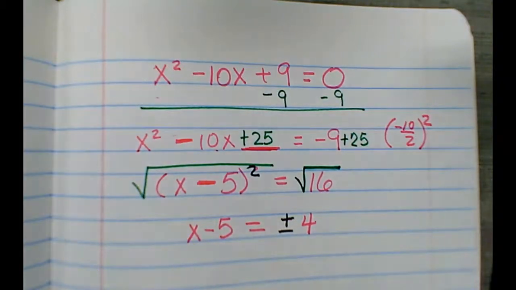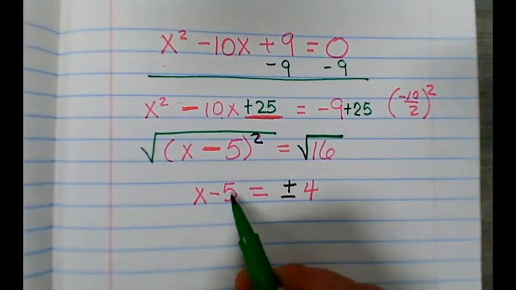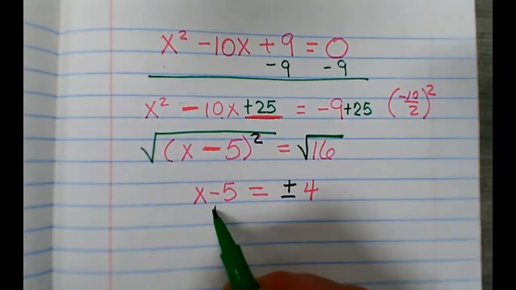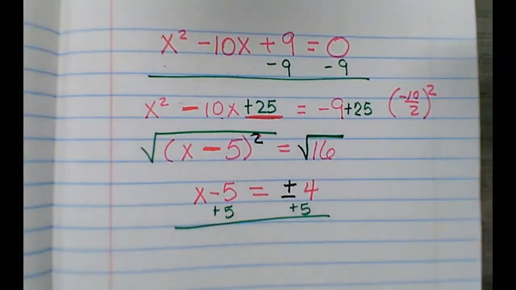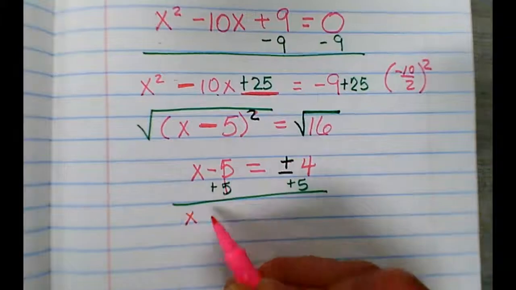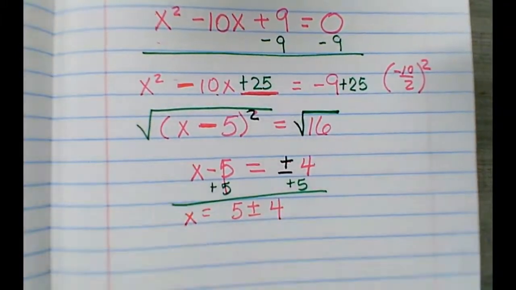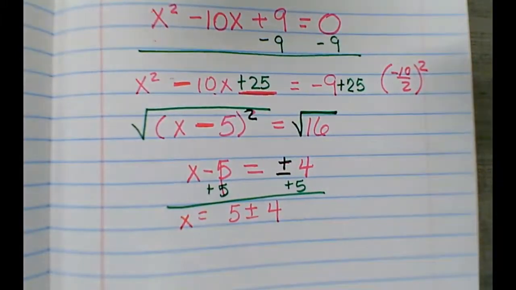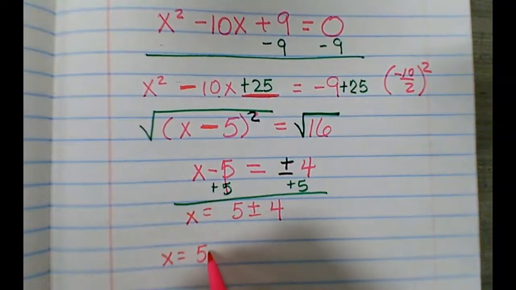So it doesn't take much to finish this. I'm solving for x. I need to get rid of the negative 5. I need to add 5 to both sides to cancel out the 5. You never, never, never leave the answer in this form. If the 5 is a whole number and the 4 is a whole number, you go ahead and continue solving.